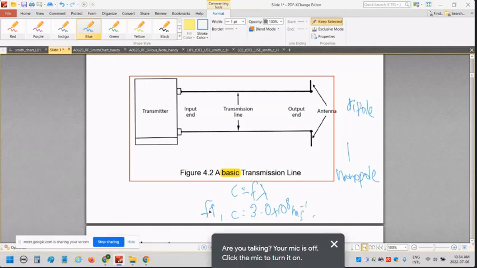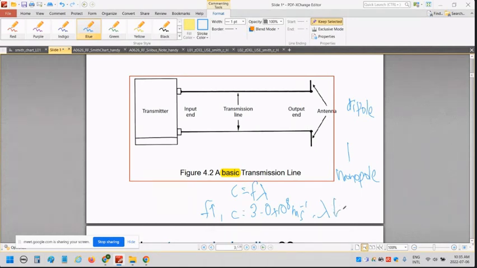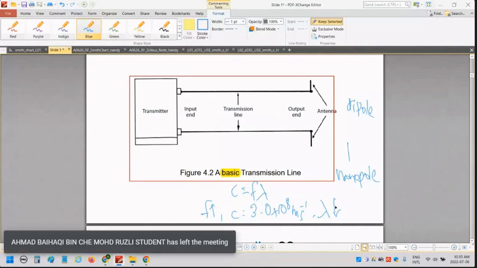If the frequency is very high, lambda is very low, so the size of the antenna is very short. This is advanced antenna design.